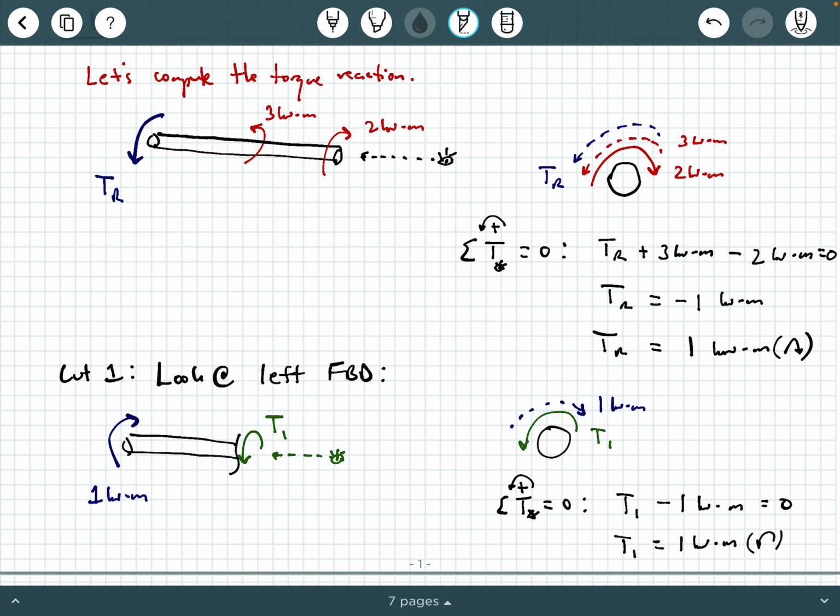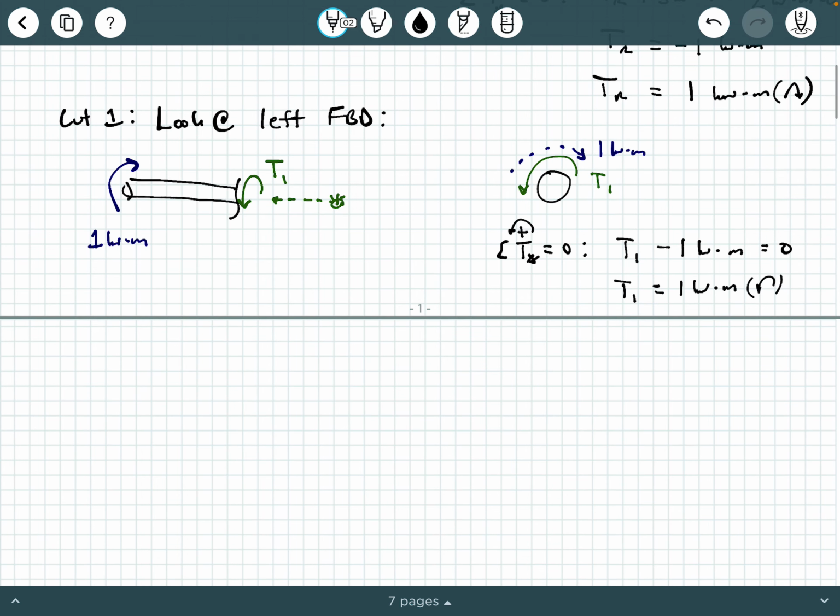Well, I can look again at a left free body diagram, which now will include TR and the 3 kilonewton meters, or I make this cut and I look at a right free body diagram, which is much more simple, which only includes the 2 kilonewton meters. Let's look at this right free body diagram. It's a bit simpler, okay? So I'm going to say cut 2. I'm going to say look at right free body diagram in this case.